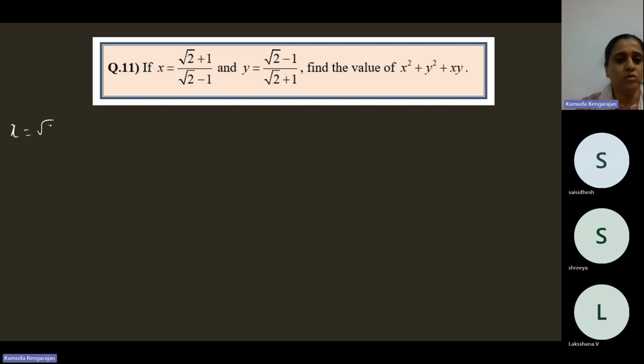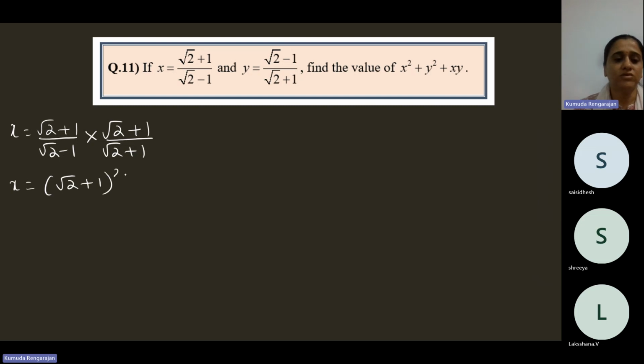X is equal to root 2 plus 1 by root 2 minus 1. So multiply by root 2 plus 1 on both. So x is equal to root 2 plus 1 the whole squared by root 2 the whole squared minus 1 the whole squared.